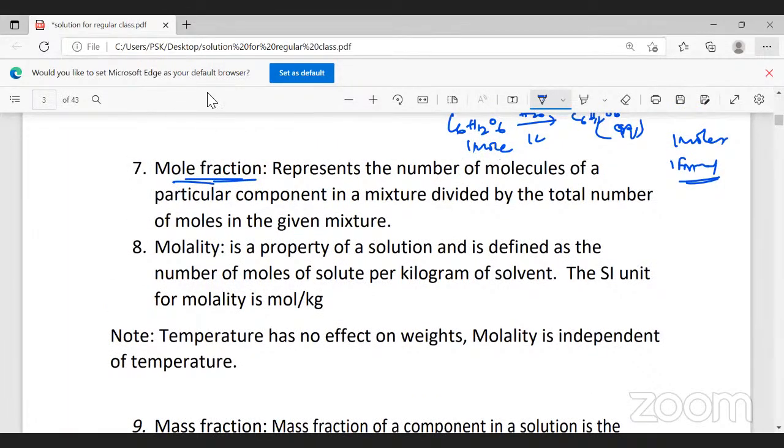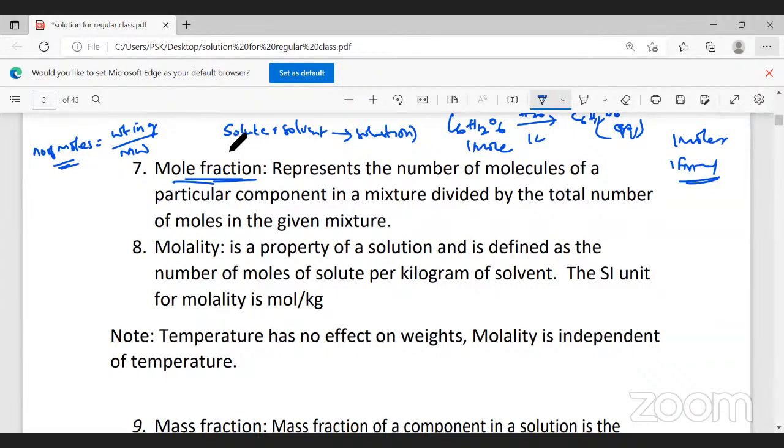Weight in grams by molecular mass will give you the number of moles. Now, a solution, solute plus solvent, is called a solution.